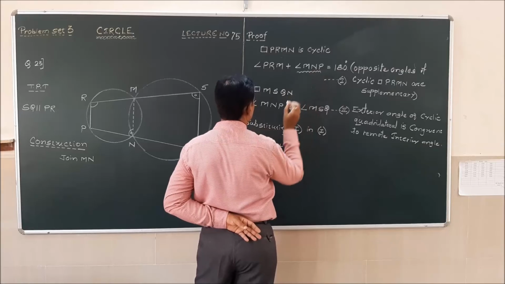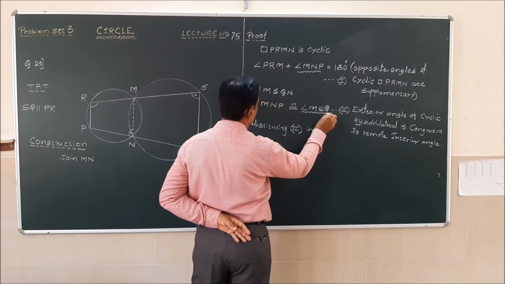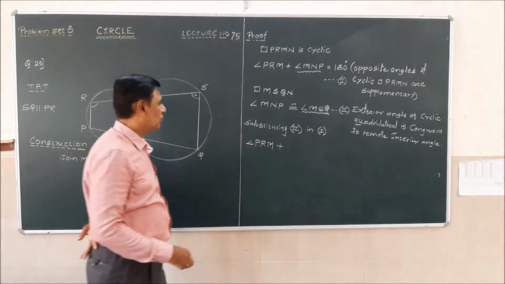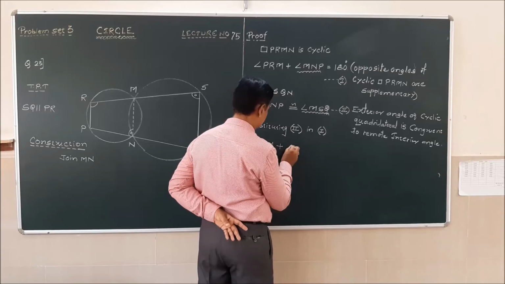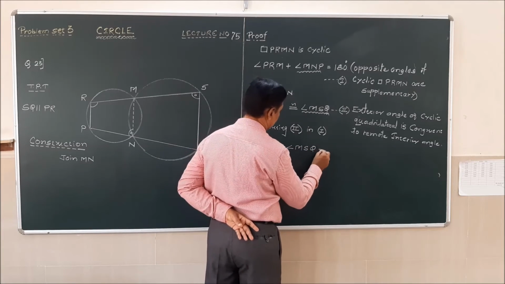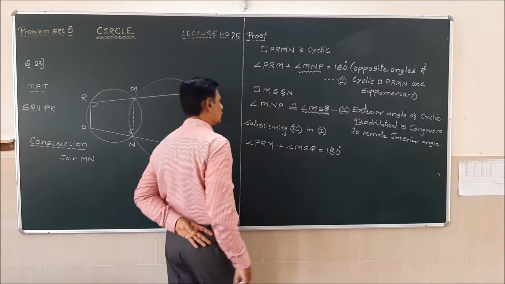I am going to replace MNP by MSQ. So angle PRM plus angle MSQ is equal to 180.